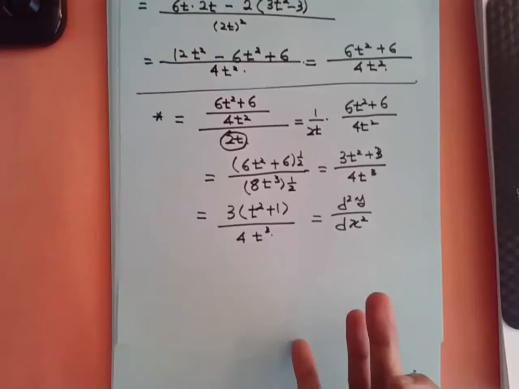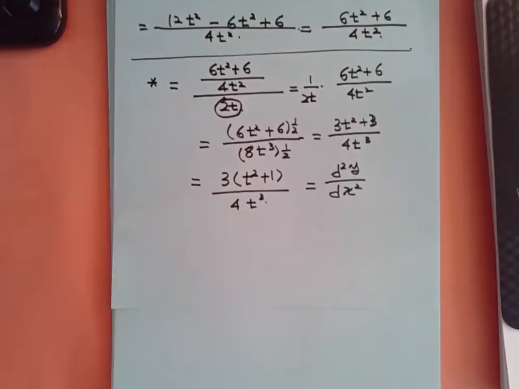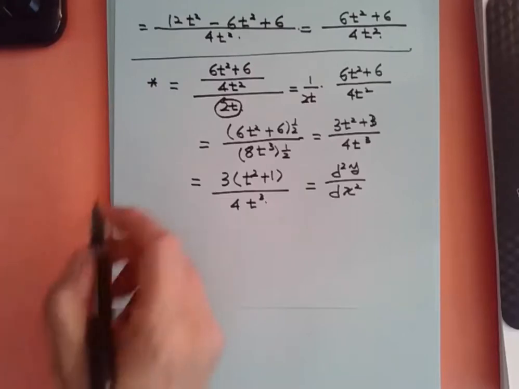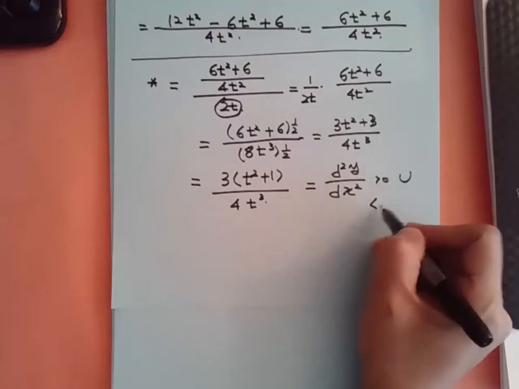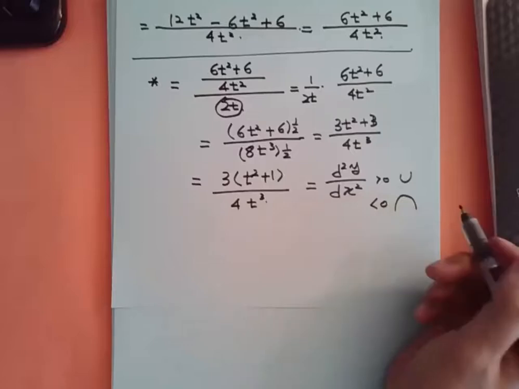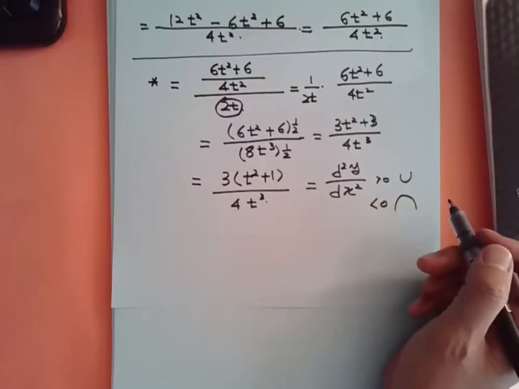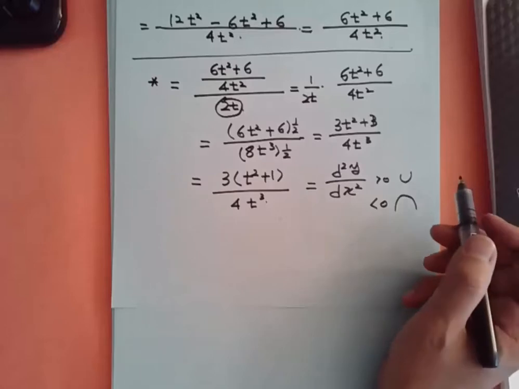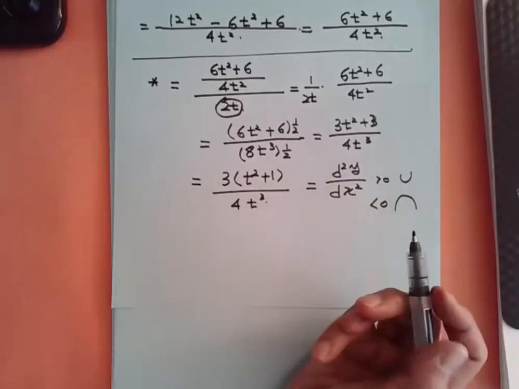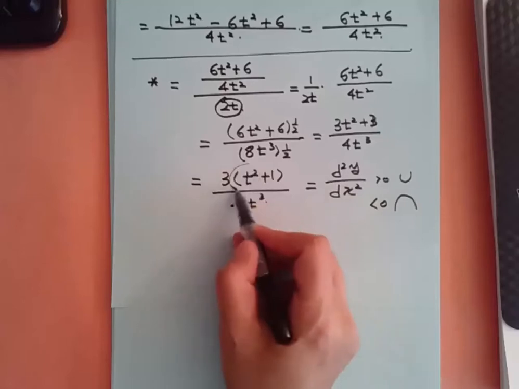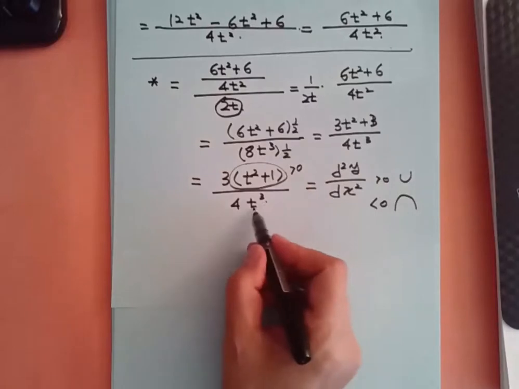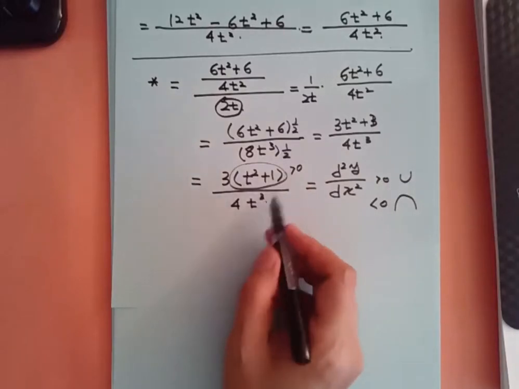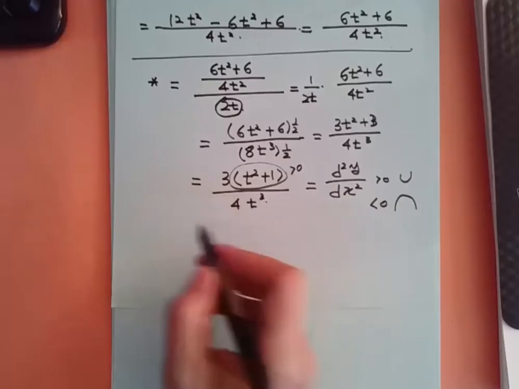The second derivative is calculated to determine the concavity. If it is greater than 0, then the curve is concave up, and if it is less than 0, then it is concave down. So we have to determine where it is positive or negative. We notice that the numerator is always positive, and the denominator is 4t cubed.